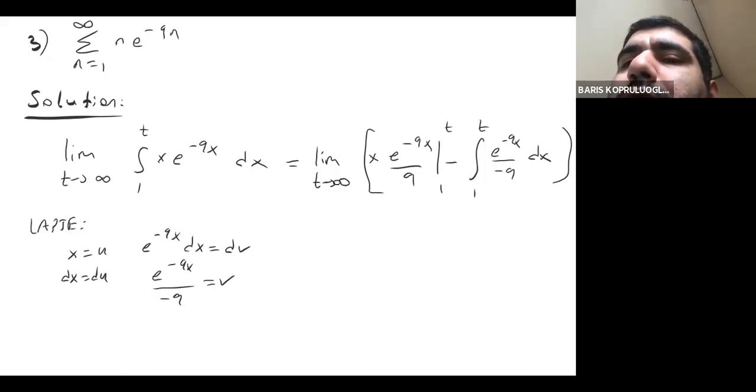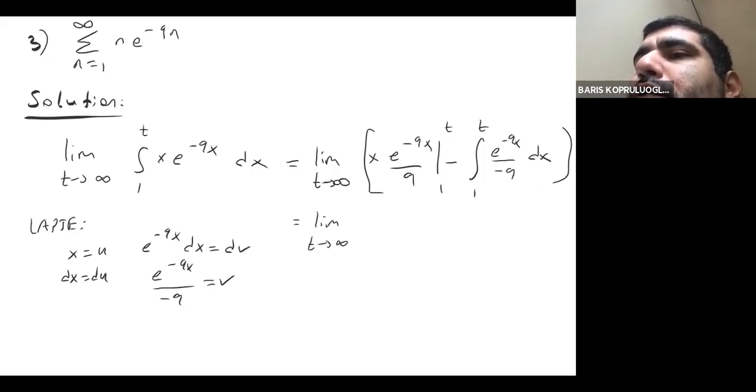x is polynomial, e to the power of negative 9x is exponential, so it will be e to the power of negative 9x over negative 9. So let's try to integrate the e to the power of negative 9x.